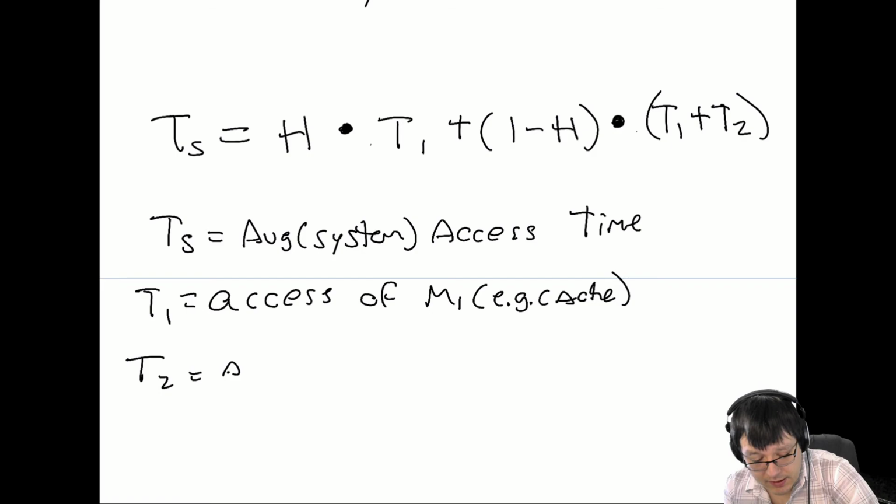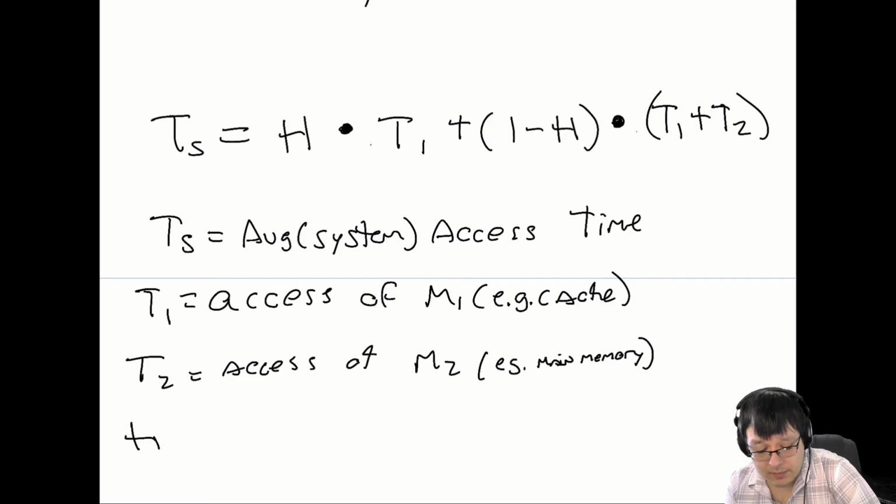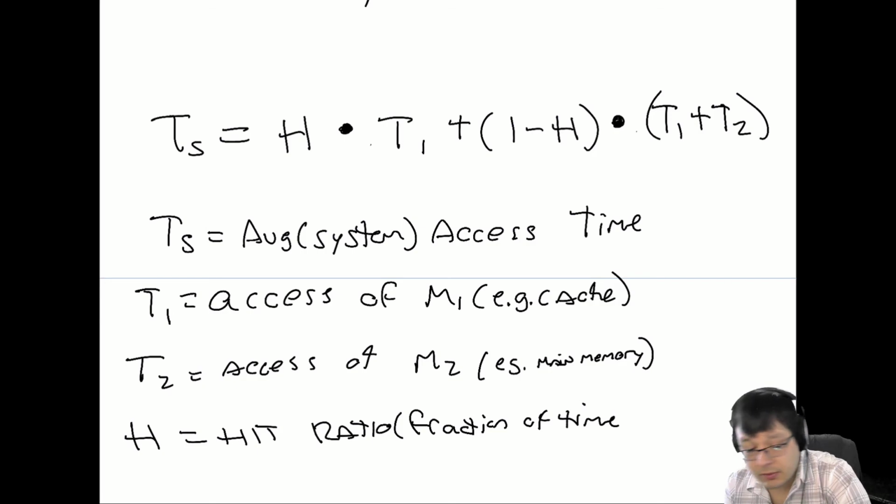So T2 is going to be the access time of the second device, which could be something like main memory. And finally, we have H, which is going to stand for our hit ratio, which means how much of the time we found what we were looking for in the first one, so in the cache.